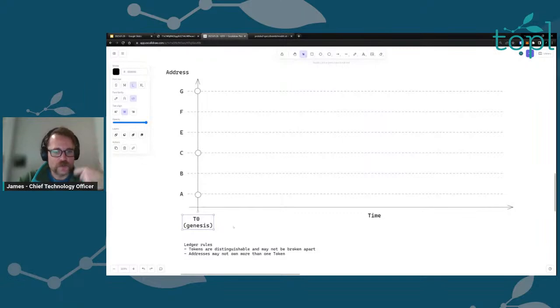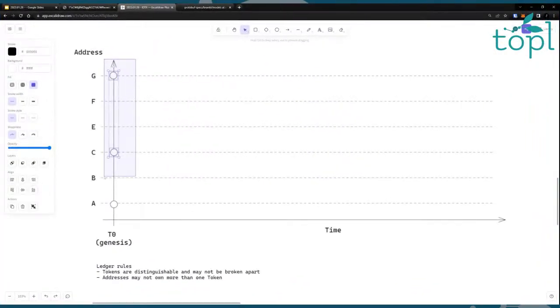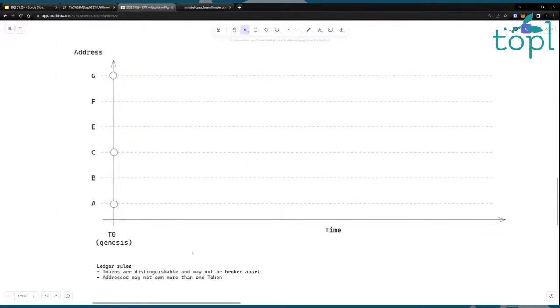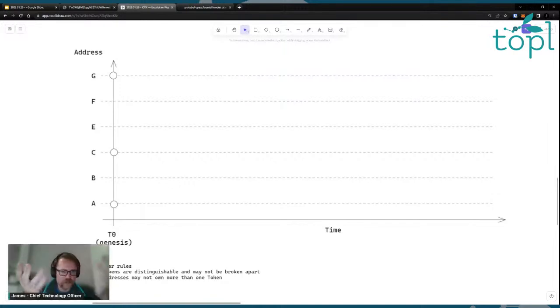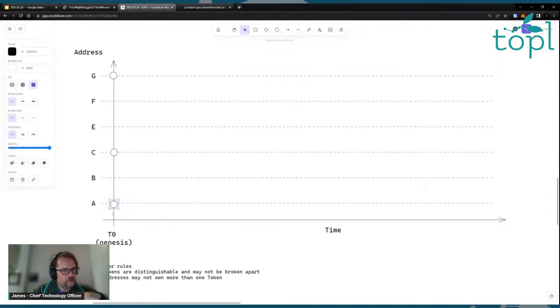So you can think of in the Genesis block, I'm assigning a token to G, a token to C, and a token to A. And because it's at Genesis, they necessarily have to be unspent because otherwise they wouldn't be valid. So we have our little open circles here.